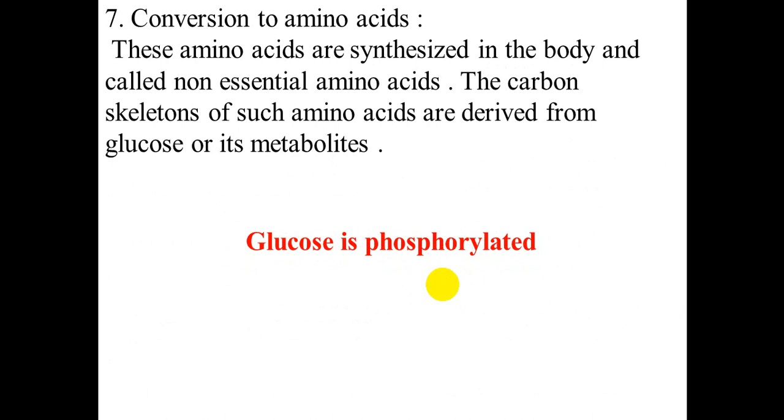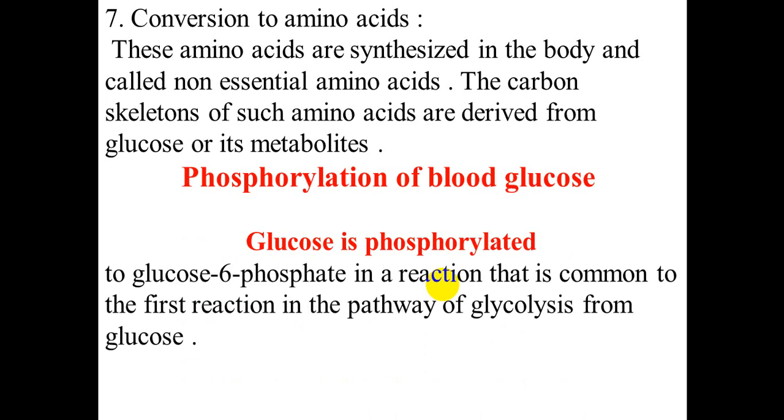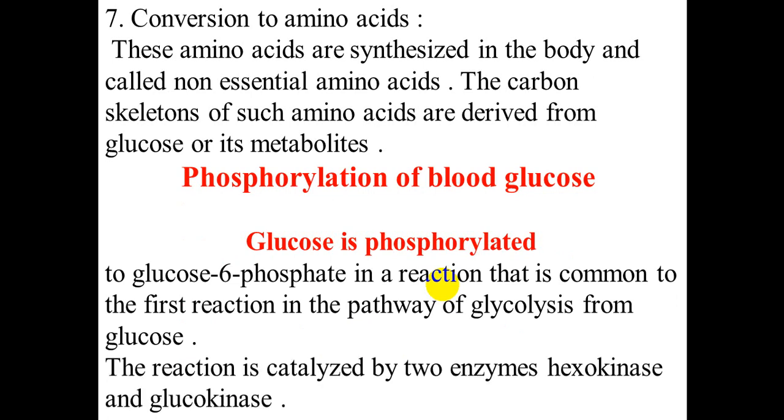Then phosphorylation of glucose. Glucose is phosphorylated to glucose 6-phosphate in the reaction that is common to the first reaction of the glycolysis pathway. The reaction is catalyzed by two enzymes, hexokinase and glucokinase. The inactive hexokinase is converted to active hexokinase by the action of insulin.